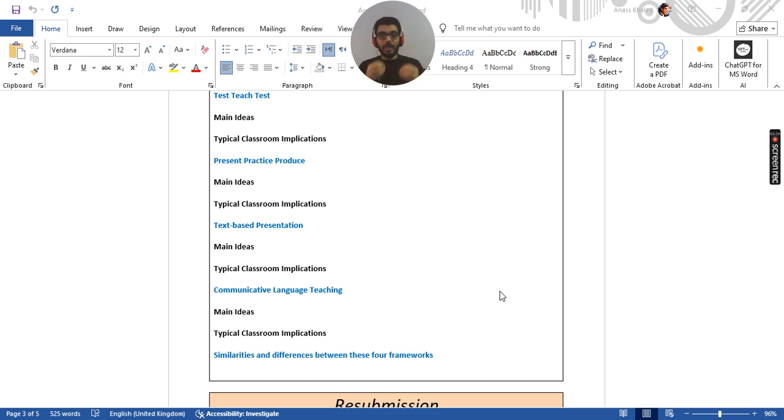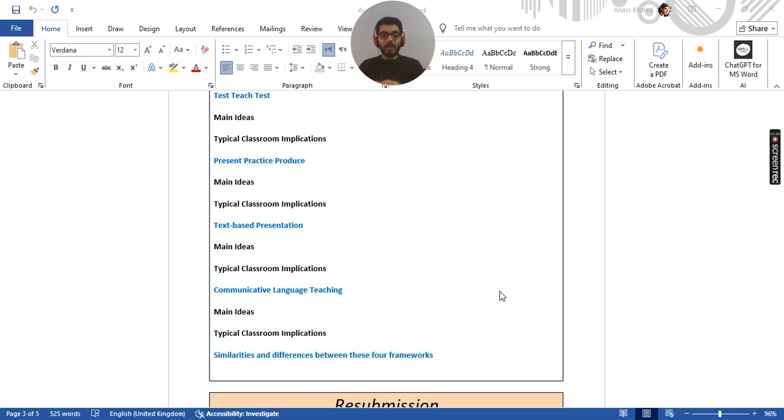You see, the teacher doesn't aim just to make the learners speak. He aims to make them understand the language. So it's not just about making the learners speak in the classroom. No, it's about making them understand the language itself. So this is the main core of the framework.